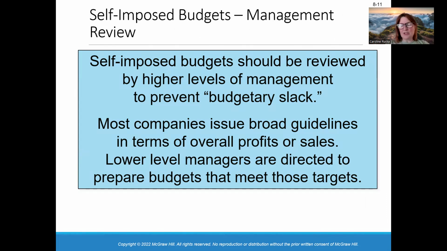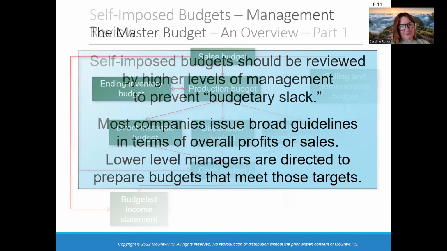We have to spend all the money they gave us by the year end, or next year they'll give us less money, right? That's budget slack. We're trying to get more funds, so that we don't have to be as tight on our budget as maybe we should be.